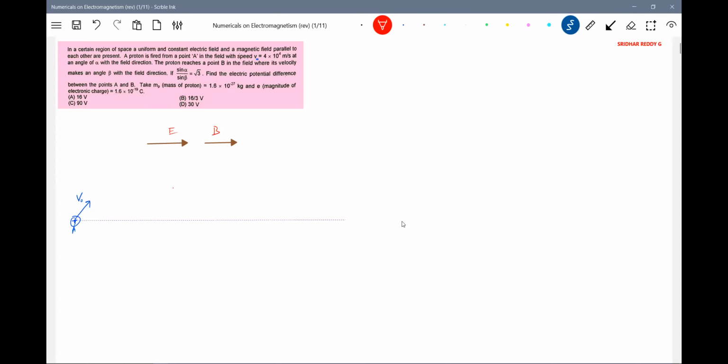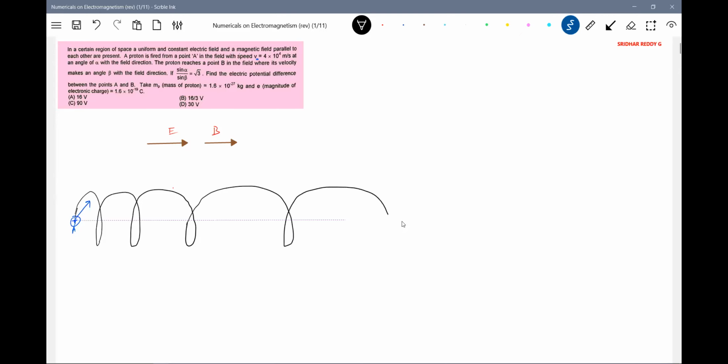The proton reaches a point B in the field where its velocity makes an angle beta with the field direction. How is the path of this? We know it is a helical path, a helical path of increasing pitch here.